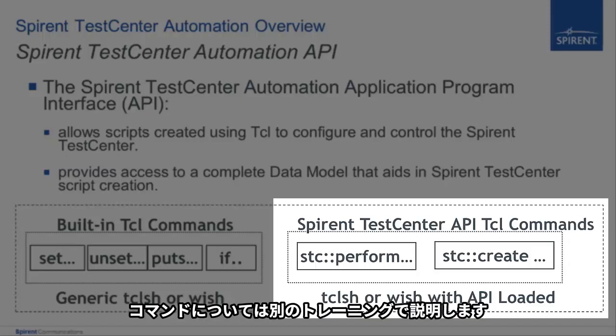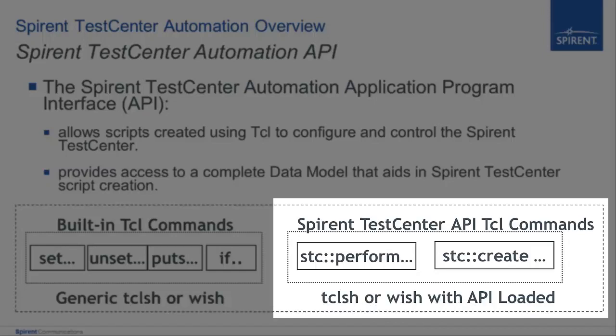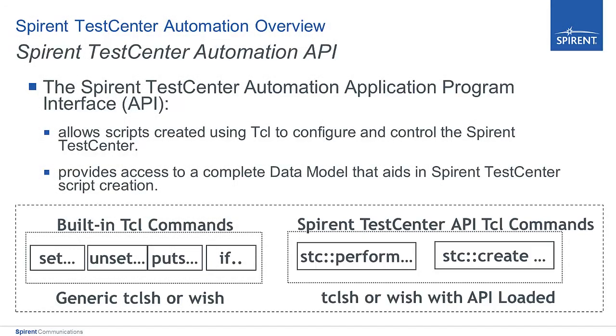For example, you'll see stc::perform or stc::create. Now, we're not going to really get into what those commands do, what the functions are, what they're going to perform. Right now, all you need to know is that you're going to have access to this complete new set of TCL commands that you will write within the TCL script.